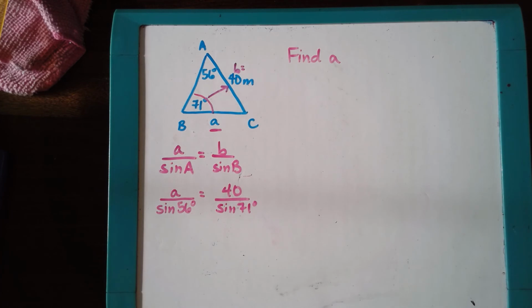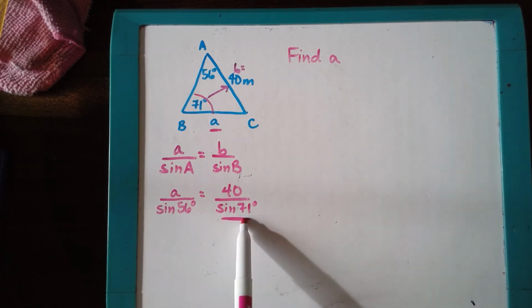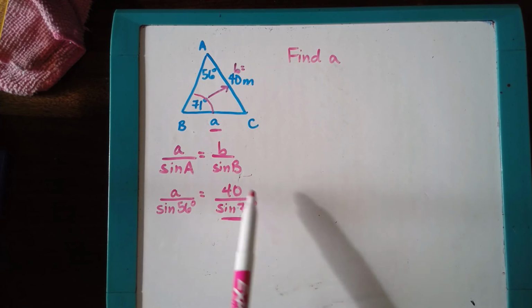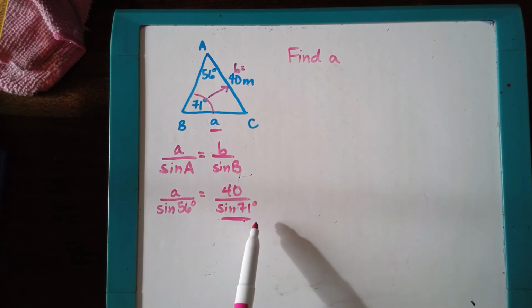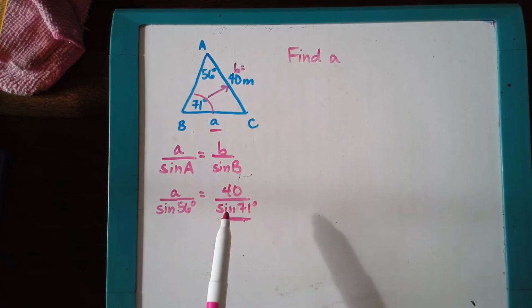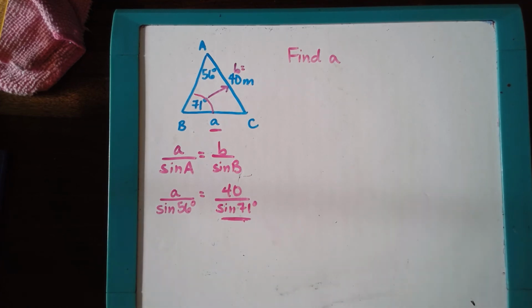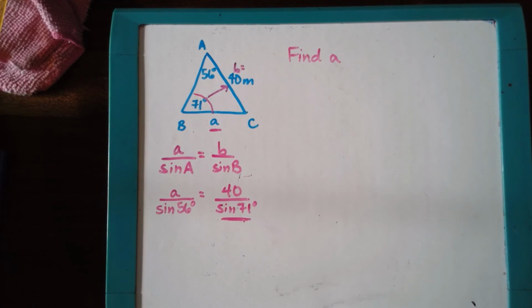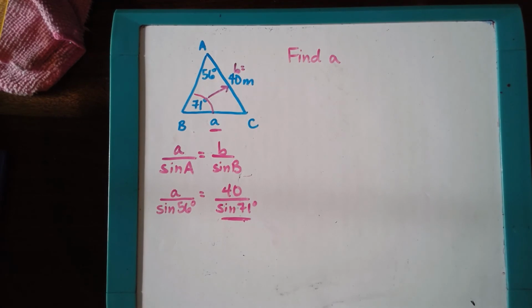So we need to solve for A, and there's a couple of ways you can get there mathematically. We can evaluate this side and multiply, turn this into a number, and then multiply both sides of the equation by sine 56 to move sine 56 up and out of there. I just always do these the same way.